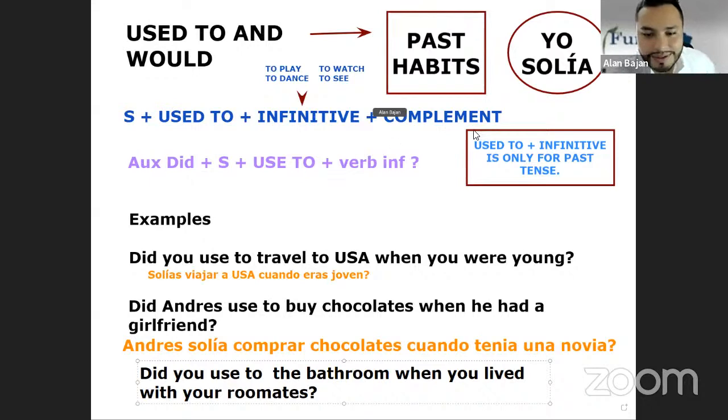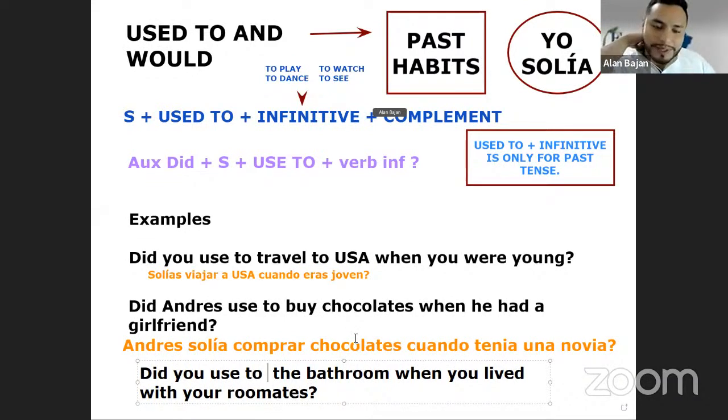And this, is that a question you wrote in the chat, or is that a question with used to? Yes, the question I use when for the complement for all the sentences. You can use other ones, depending.